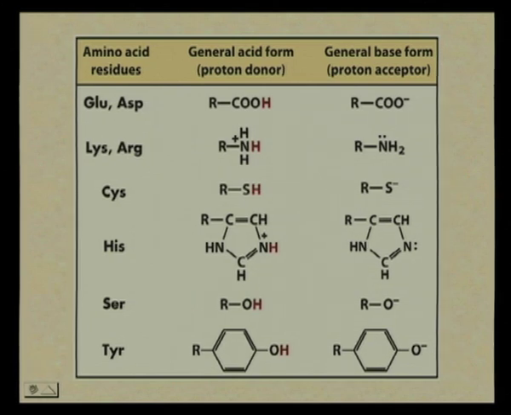For example, glutamic acid and aspartic acid can act as a proton donor, and the anion form can act as a proton acceptor. Lysine and arginine can act as a proton donor as well as a proton acceptor. Then cysteine, histidine, serine and tyrosine, and we will see how most of these are involved in the enzymatic mechanisms that we are going to study today.